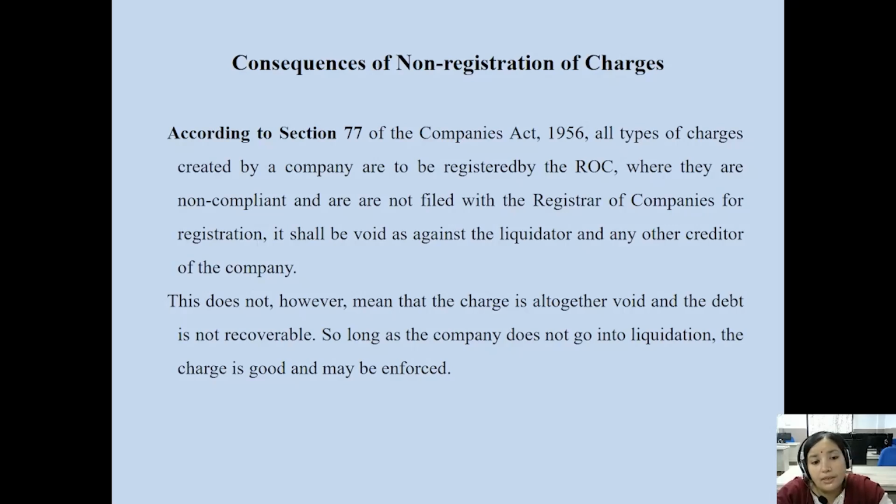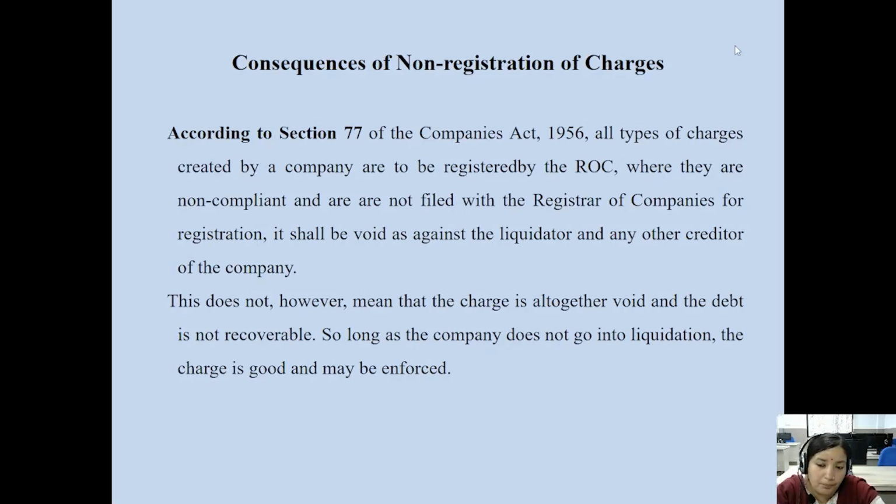This does not, however, mean that the charge is altogether void. We can make a rectification, we can make it correct and confirm it. So this does not mean that the charge is altogether void and the debt is not recoverable. The meaning is that it can be recoverable.